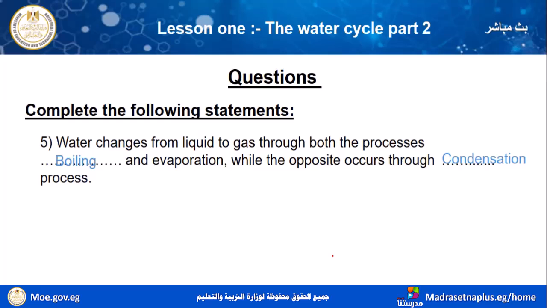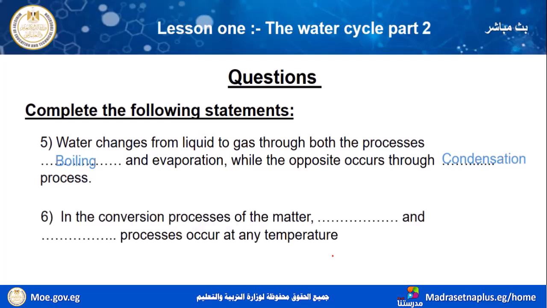But there is a difference between the two processes. Evaporation occurs at a temperature less than 100, while boiling point occurs at a temperature exactly equal to 100. But the two processes occur when liquid changes into gas, while the opposite is called condensation, because condensation is the process in which water changes from water vapor into liquid.